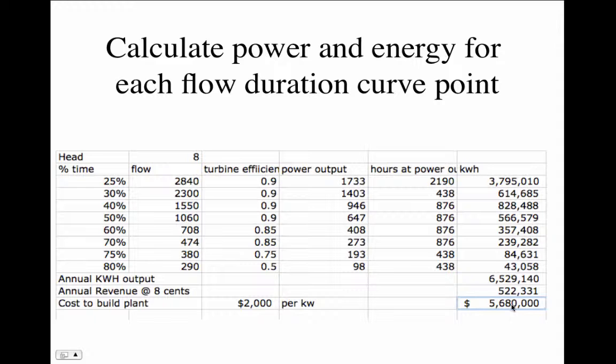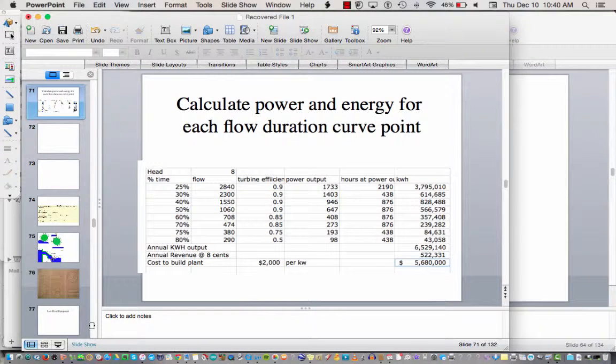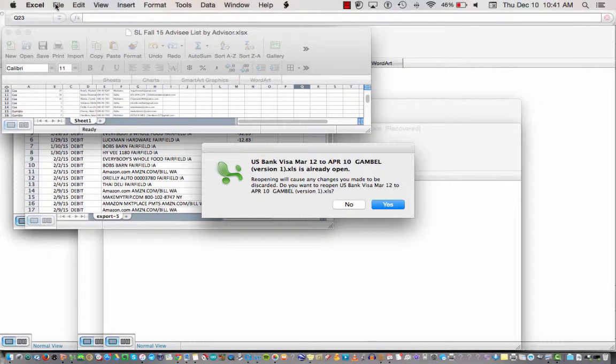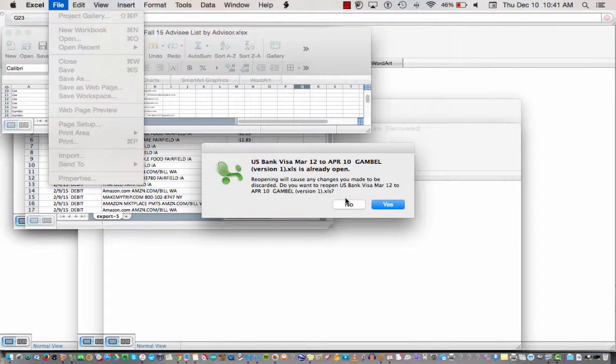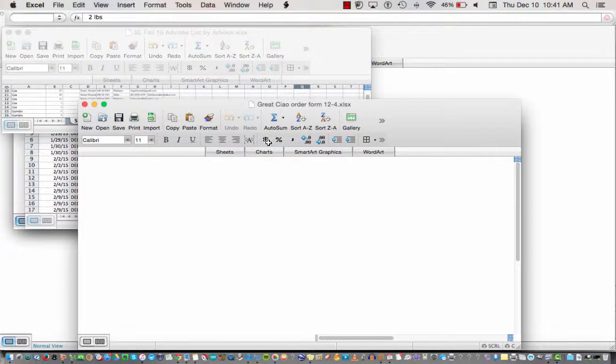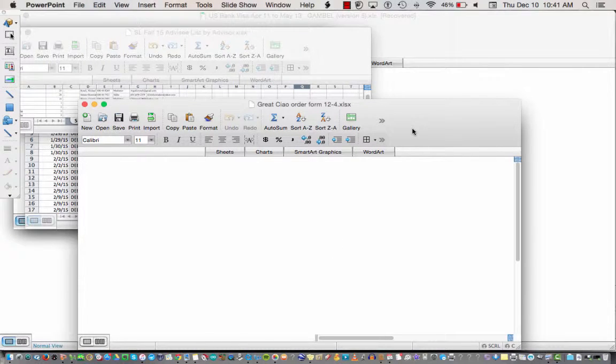So let's just go calculate that really quickly. 1733 times, let's see. Well, we might be able to just estimate it. Let's go back and take a look at it.